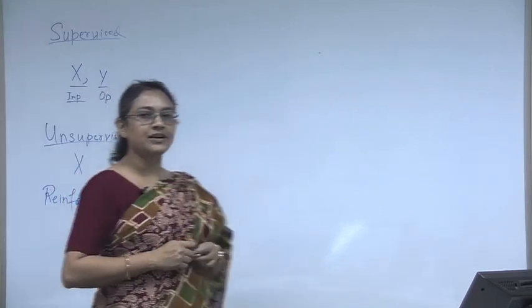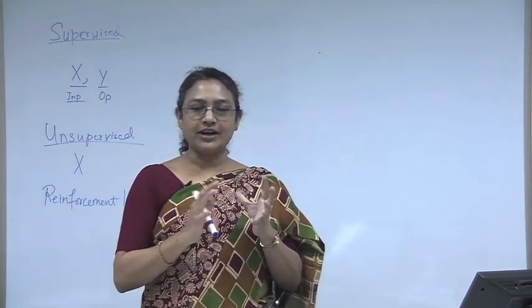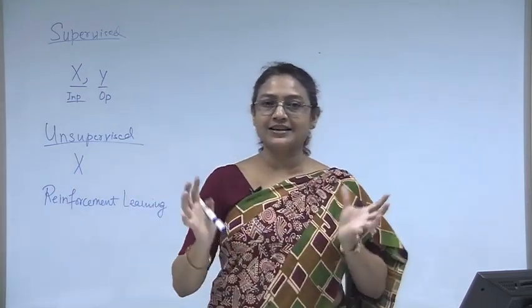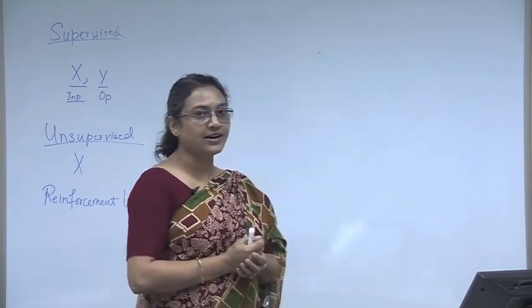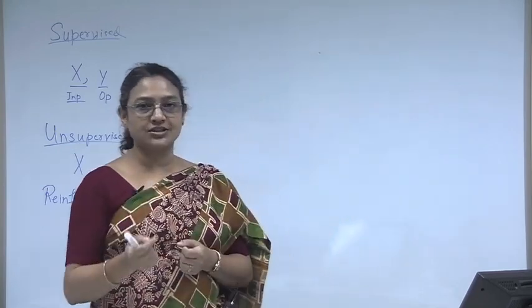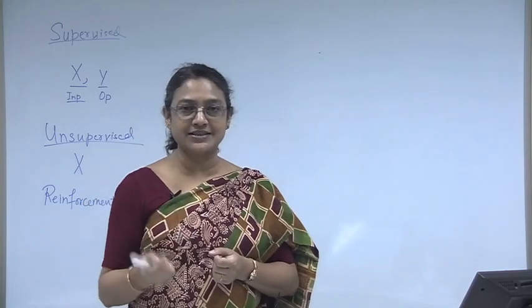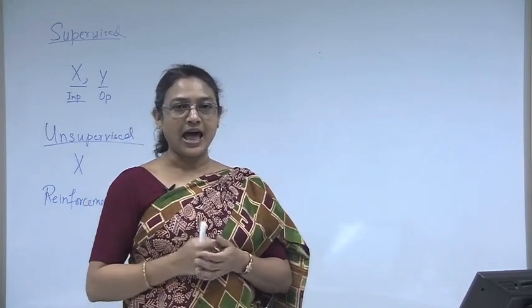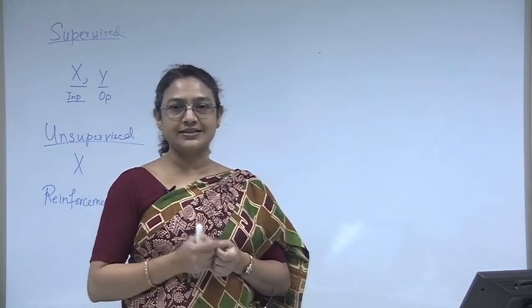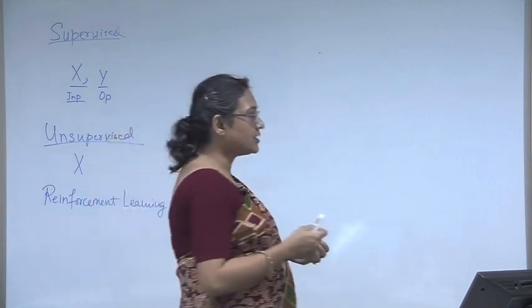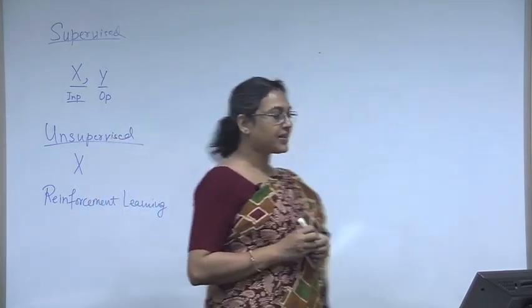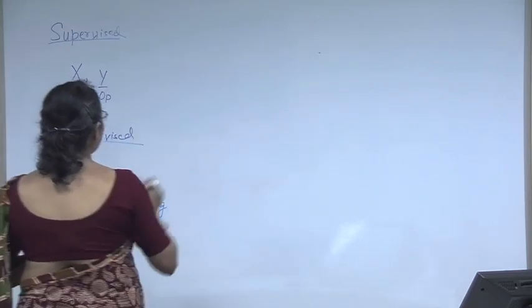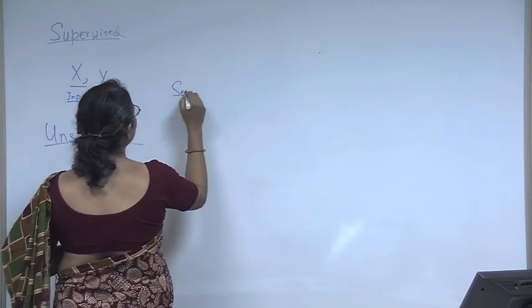In reinforcement learning, you have an agent who is acting in an environment, and you want to figure out what actions the agent must take at every step, and the action that the agent takes is based on the rewards or penalties that the agent gets in different states. Apart from these three, we have also semi-supervised learning.